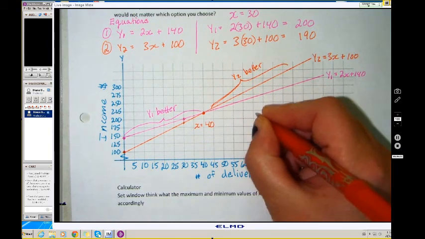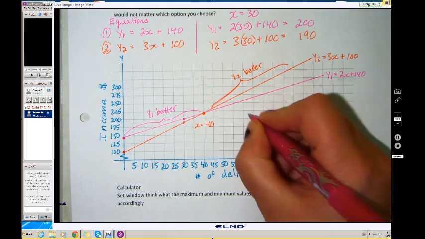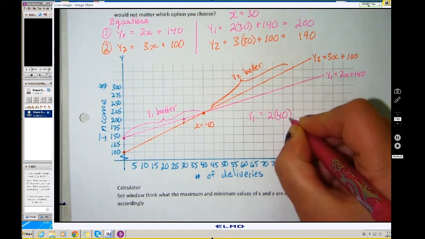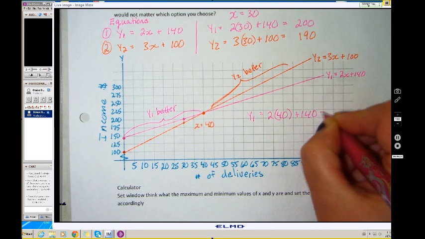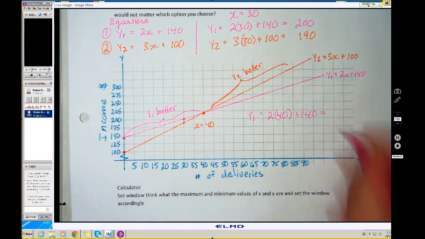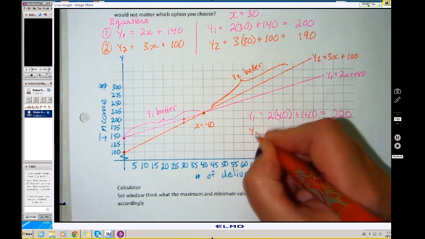So I'm just going to do that here. So y1, when x is equal to 40 deliveries, how much do you earn? $220. And then y2, how much do you earn?